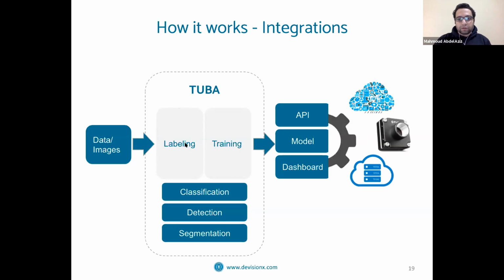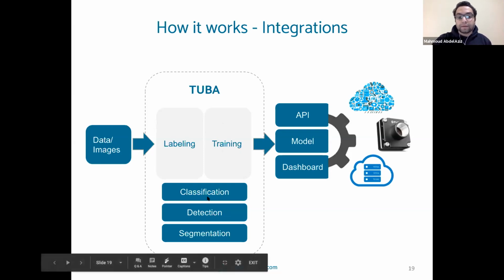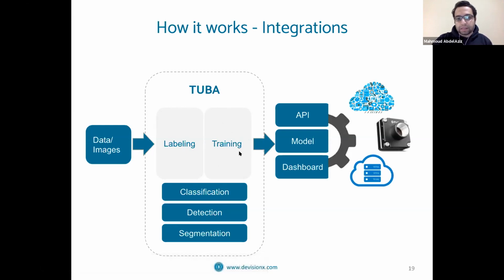All of this comes through interfaces. Then you choose the training type: classification, detection, or segmentation, based on your labeling. There's some configuration made in training. Then start your training. The system will make different types of models, which is the concept of AutoML, and then choose the best one of them.